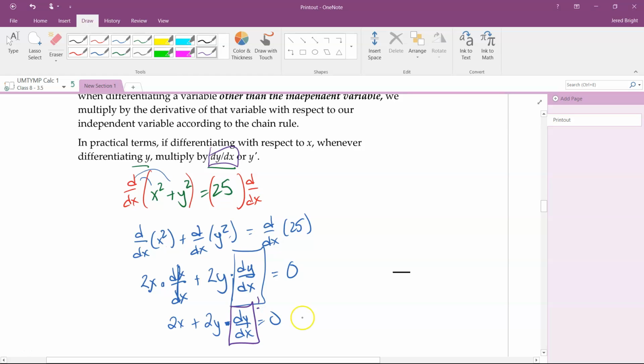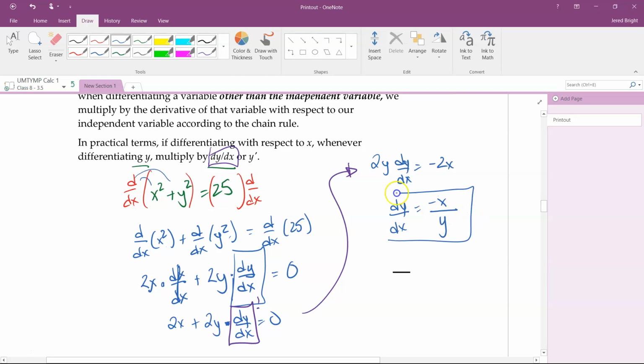Moving the 2x over, I have 2y dy/dx is equal to negative 2x. Then when I isolate dy/dx formally, I get negative 2x over 2y, or simply put, negative x over y.